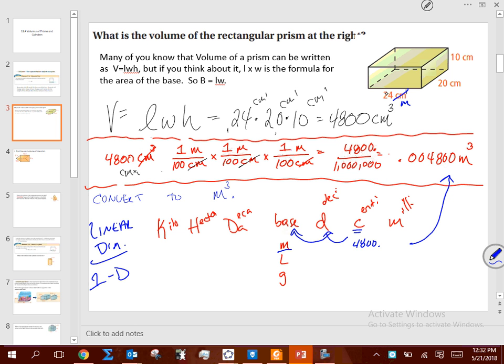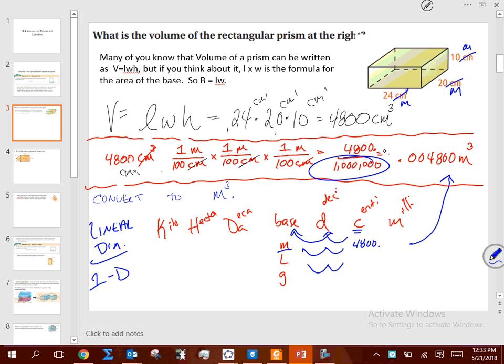So we need to change that one to meters. We also need to change that one to meters. So that one changing to meters says move it 2 more. Does that make sense? So 2 more for that second dimension. And then because this one needs to be changed to meters, we move it 2 more for that third dimension. So how many times did I move it? 1 spot, 2 spots, 3 spots, 4 spots, 5 spots, 6 spots, right? Does that equate then to that 1 million?